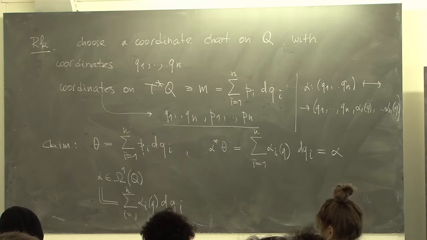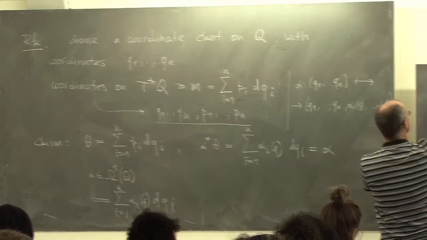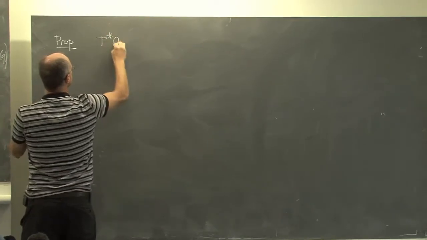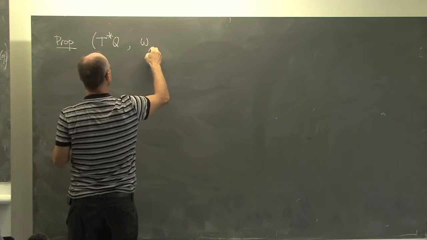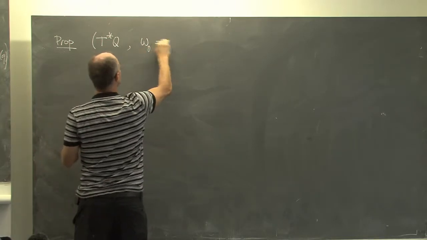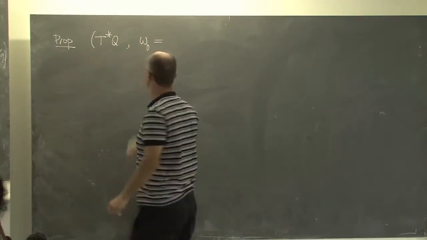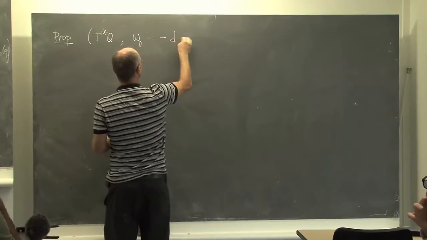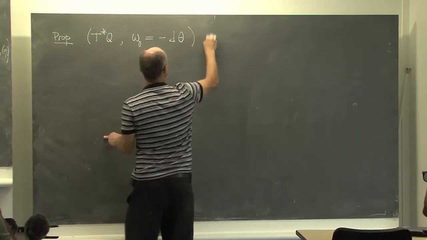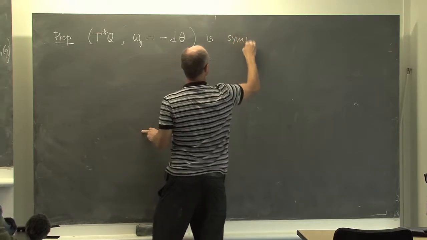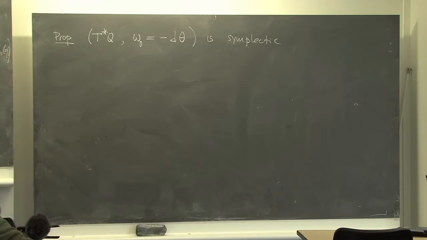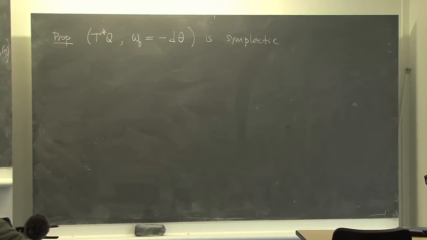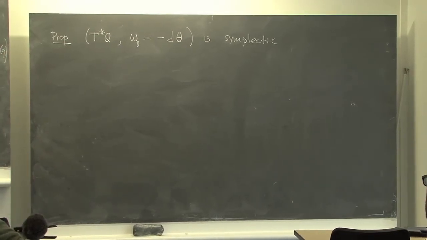Now, a simple proposition: T*Q with omega. Let me still call it omega_0, even though we already had one omega_0. Let me also call it omega_0 equal to minus d theta. It is symplectic. And the proof is now one line.